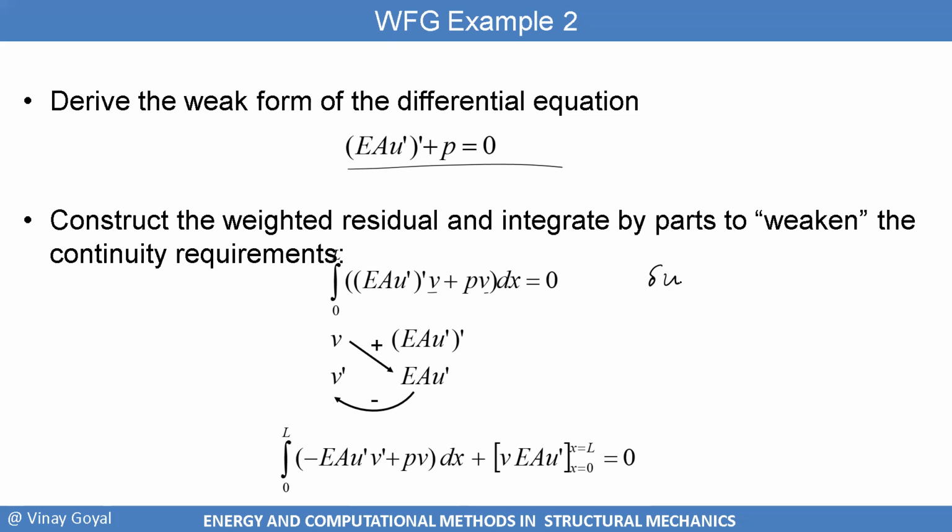I just think it's cleaner when you do del U, because that way you can know what the essential and natural boundary conditions are, and you know exactly what's going on when you create the weak form. So I write it here in terms of del U, so you can see what it looks like.